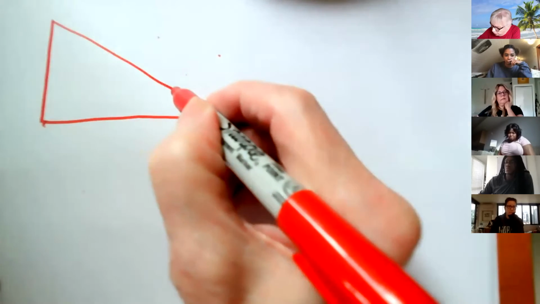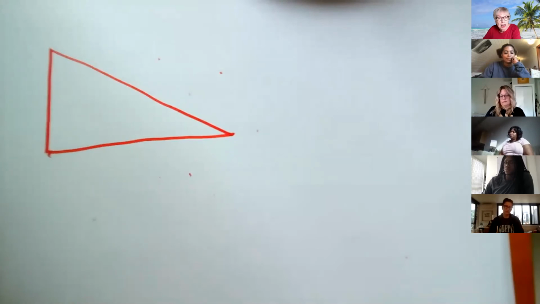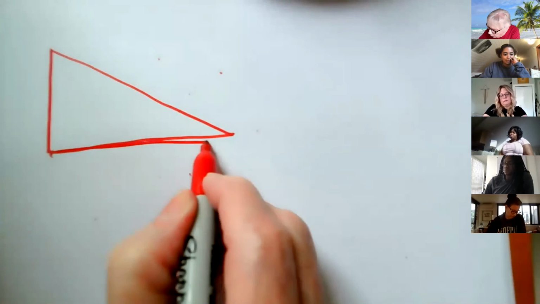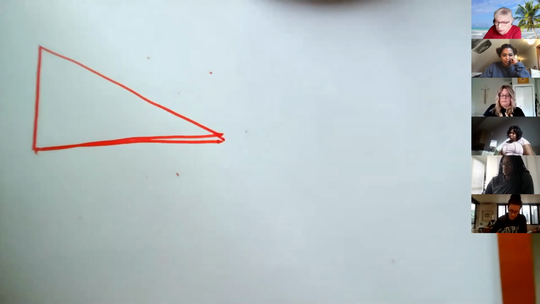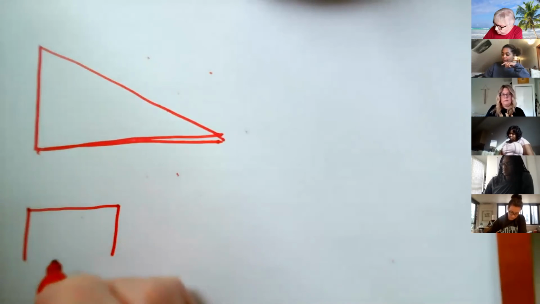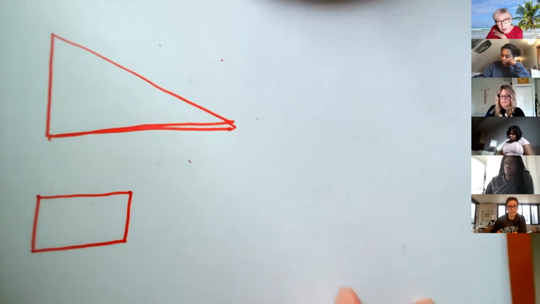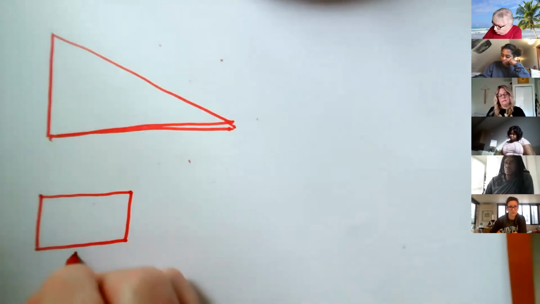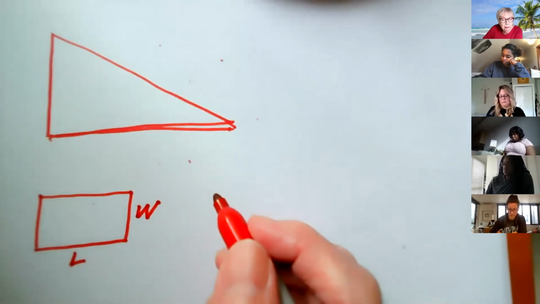This particular section has one geometry formula. I didn't draw it so perfect, but there it is. I'm going to start with this triangle. And what I want you to do is remember the formula for the rectangle. And so this would be the length, and this would be the width.